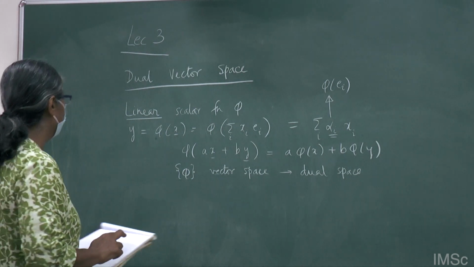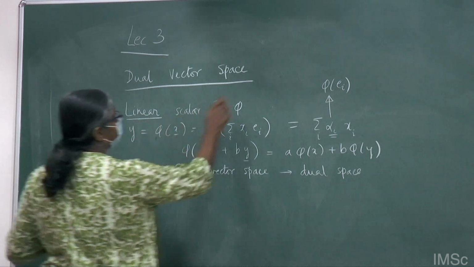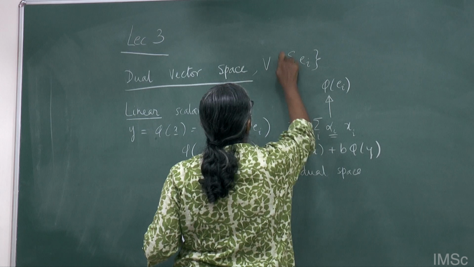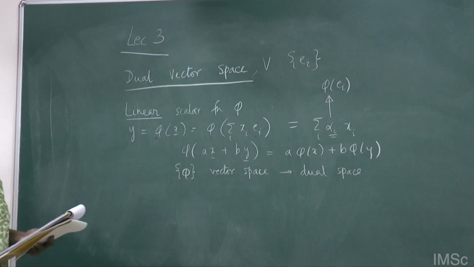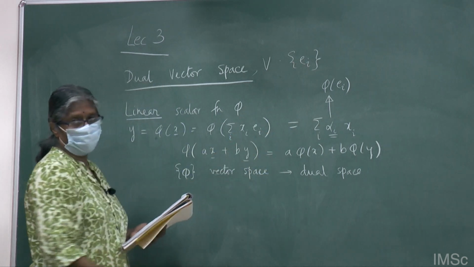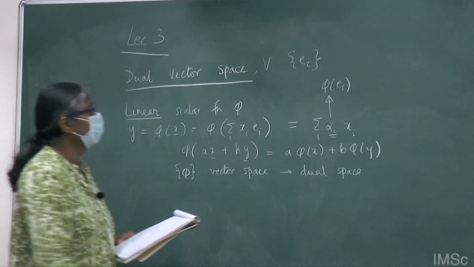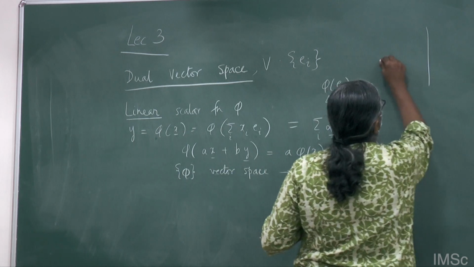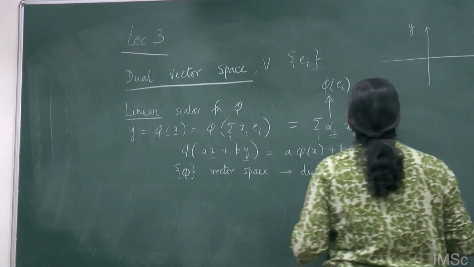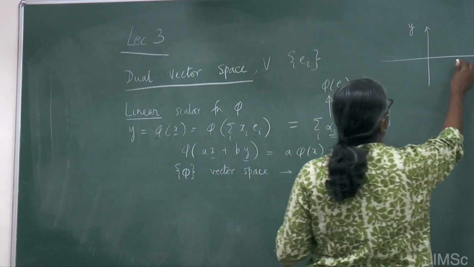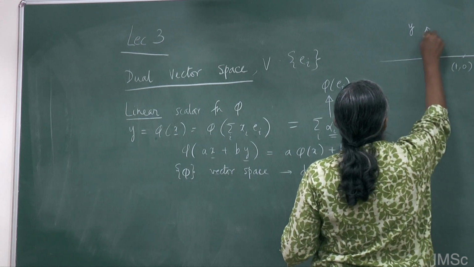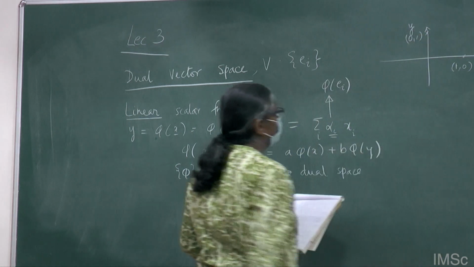So this space is distinct from the original vector space. Let us call it vector space V, which is spanned by the basis set ei, right? So I have one vector space. Let us take some 2-dimensional example, with x and y. Then E1 and E2 will be 1, 0 and 0, 1 in the space.